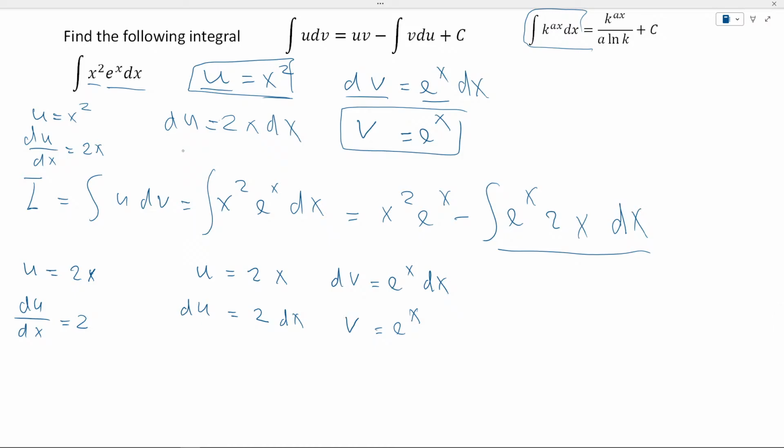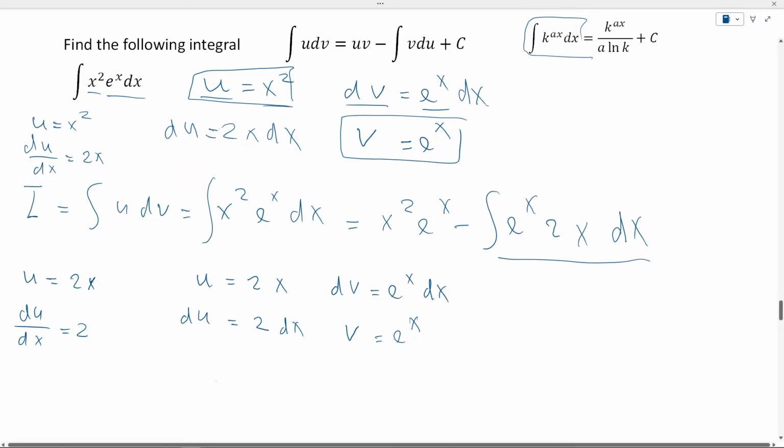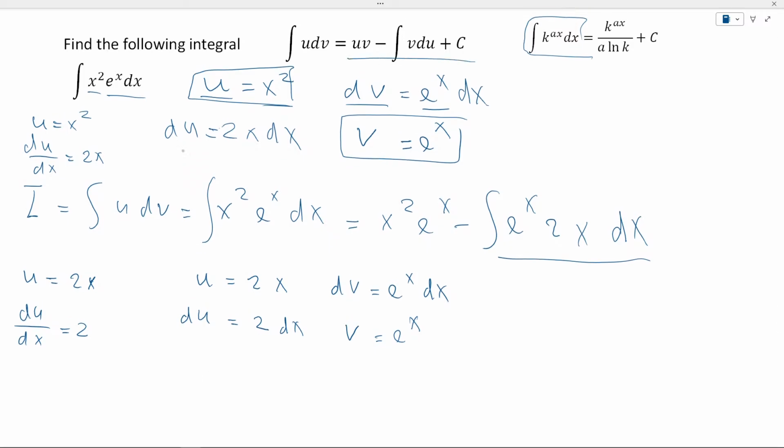So the substitution here again uses this rule. So the integration of 2x e to the power x dx is equal to u times v, which is 2x e to the power x, minus the integration of v times du, so e to the power x times 2dx.